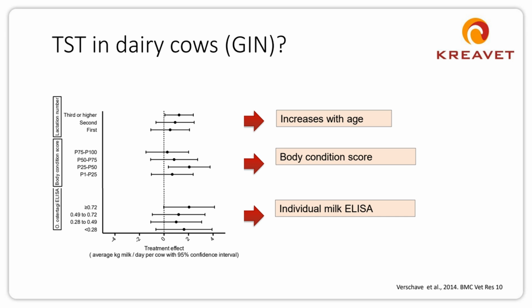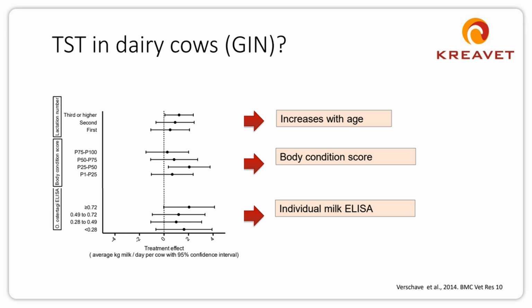We saw the treatment effect was higher in animals with a medium body condition score, so not the too meager animals and not the very fat animals. So body condition score management, to have a good body condition score at time of calving, which is also a general good practice in herd management, may be very important to reach the best production effects of treatment.